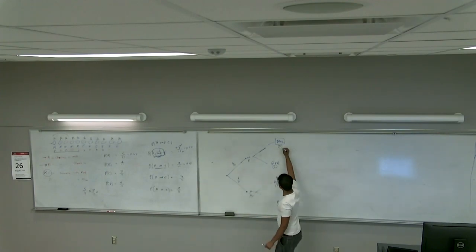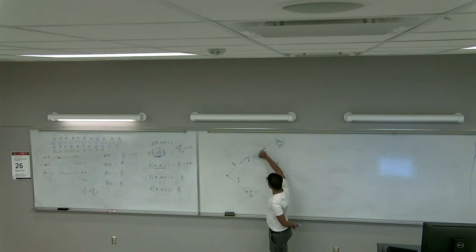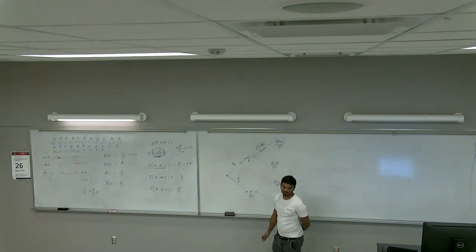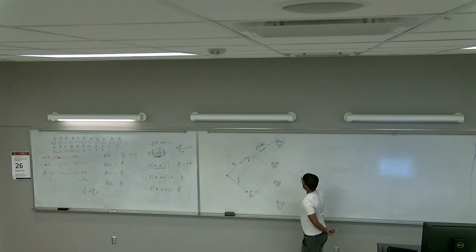So whatever the number you write in this branch will be the probability of this happening when you have this. It's not D and A, it's D given A.